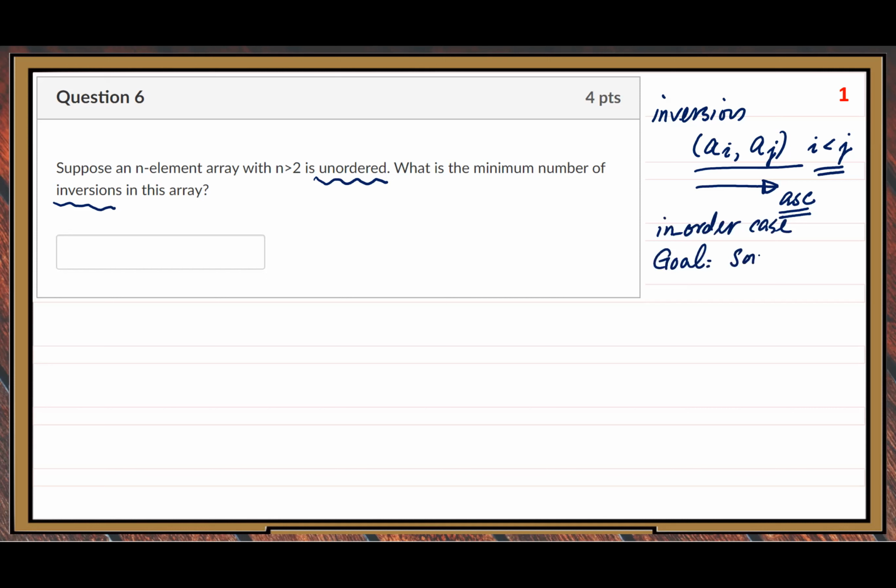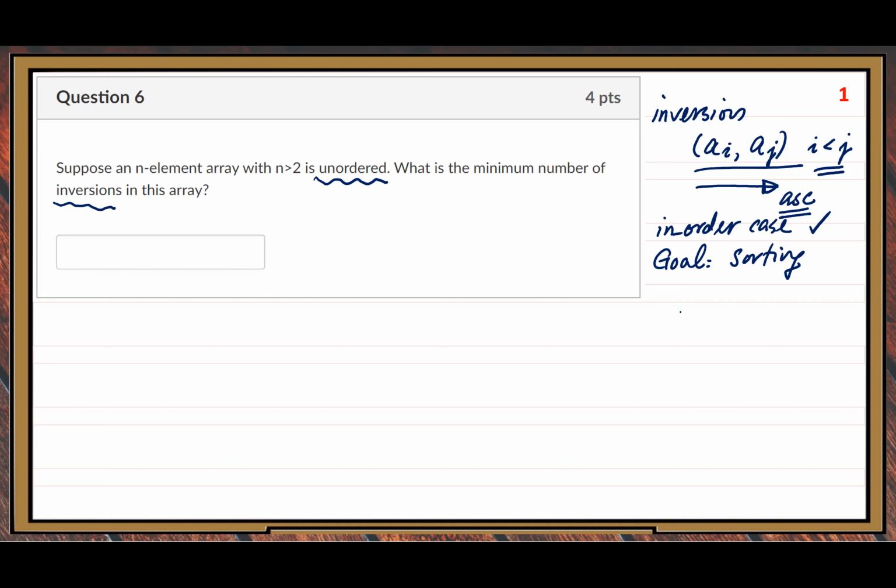For sorting. If it's in order, then we do not need to do sorting work. It's already in order, so why would we need to sort? Only when it is not in order do we need to do sorting work. That's the reason we introduced this concept.